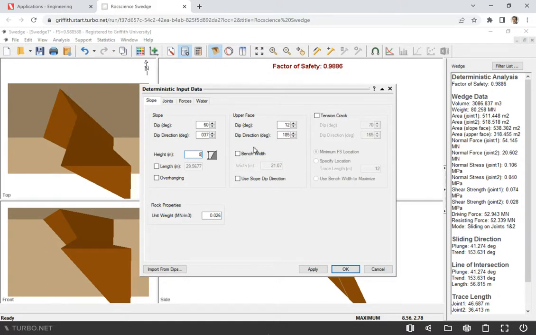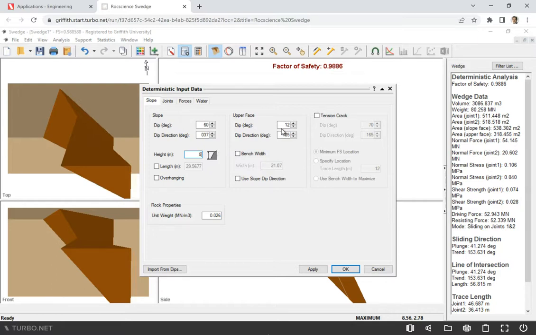It also had an upper face. The upper face is like the very top part of the slope, as I show with the mouse. Usually it's kind of gentle.